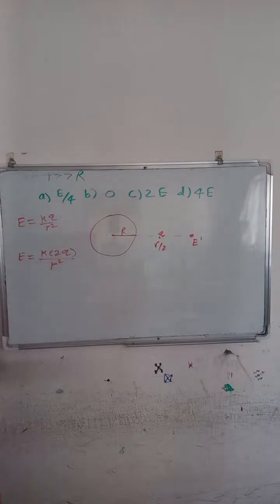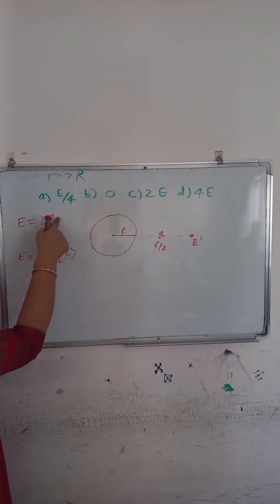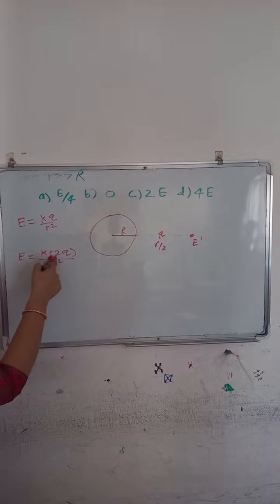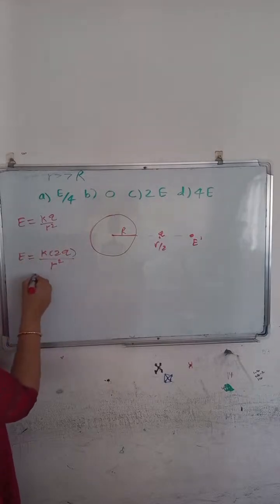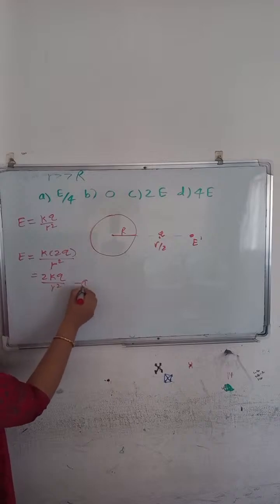But they are saying at the beginning only the magnitude of electric field due to the point charge 2Q is E. So I took this charge Q as 2Q, k into 2Q upon r square, or I can write here 2kq by r square. This is my equation number 1.